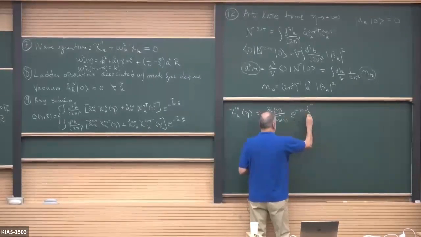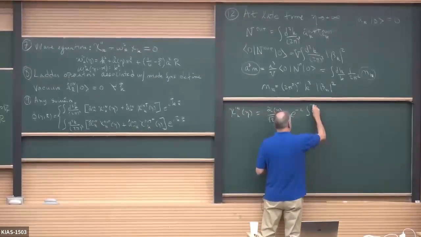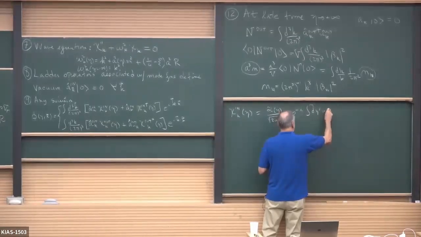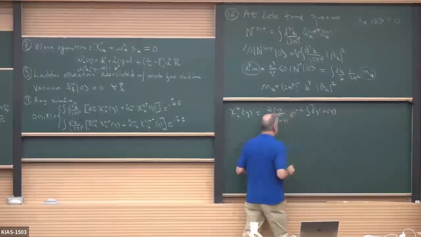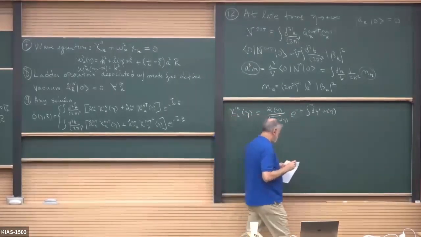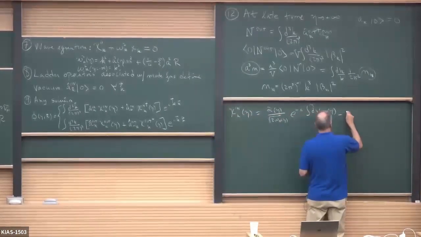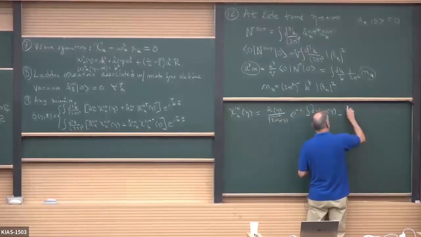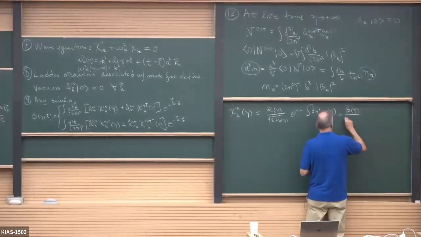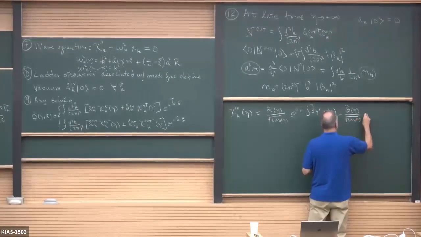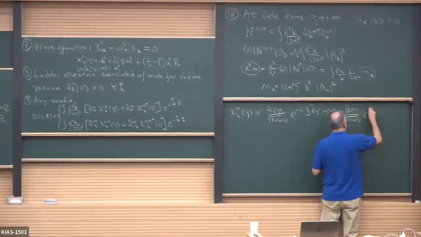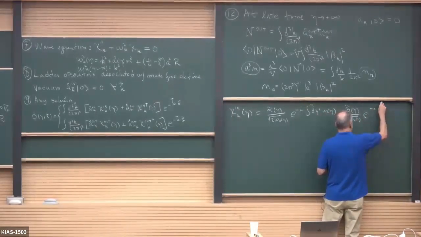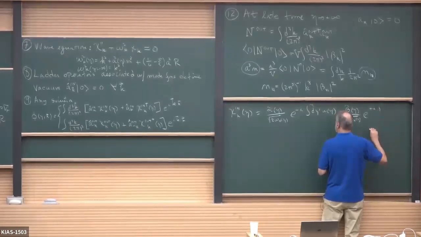This is e to the minus i integral over some eta prime, minus beta tilde, which is not in general the Bogolubov coefficient. e to the plus i integral, evaluated to eta.